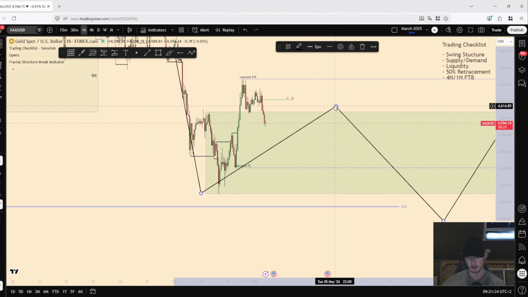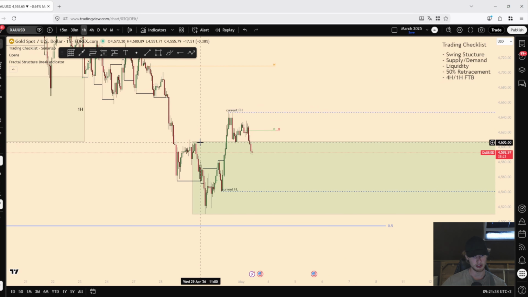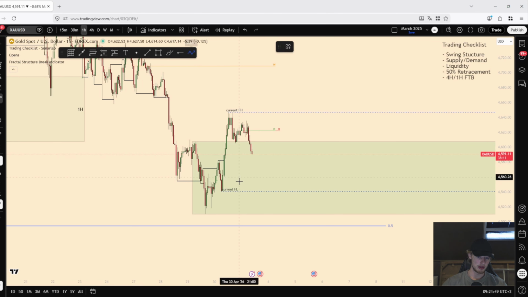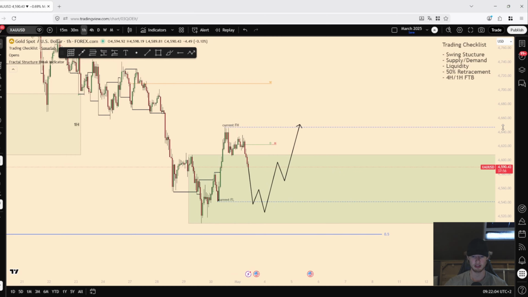If we then go to the 1 hour, what we can see is that we broke the supply zone that was in control. So now the demand zone and the bullish movement is once again in control. The only thing is that this move to the upside did not provide us with a lot of liquidity, so preferably I would see that this gets taken out, then a change of character once again, and then towards the highs we can see a nice position.